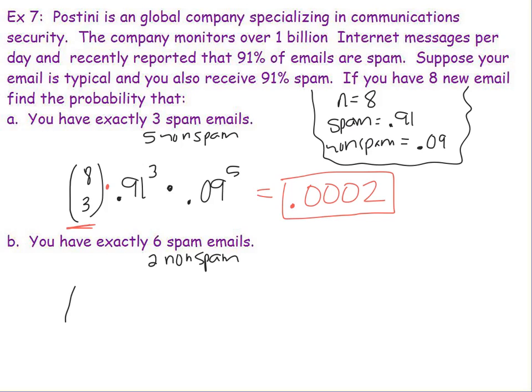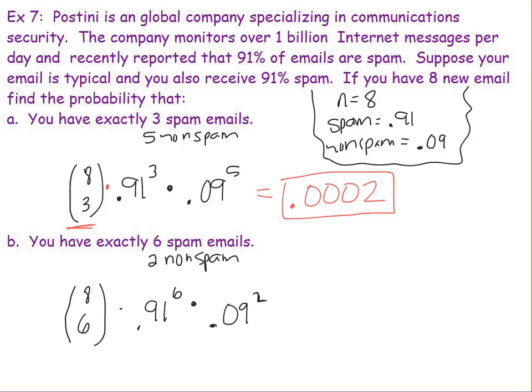You still have in your combination 8 email, but now we have 6 of them that are spam, times the spam percentage was 0.91. It's now increasing to 6 times non-spam percentage is 0.09, and that decreased down to 2.